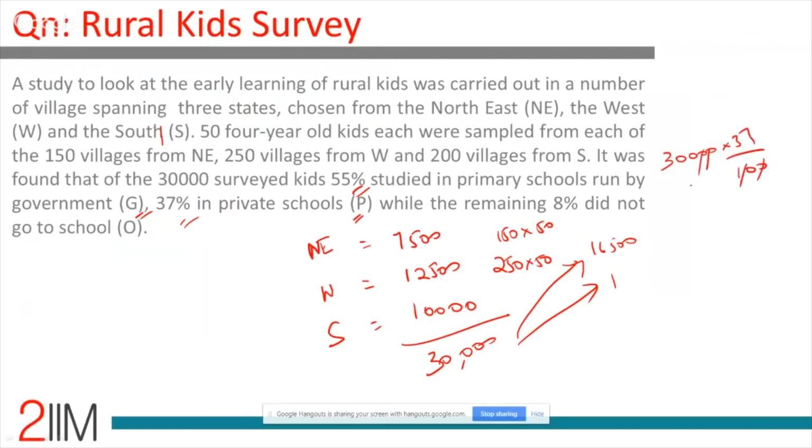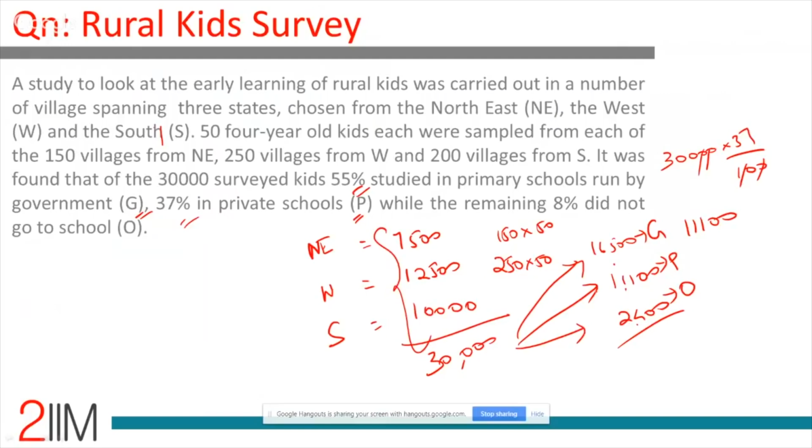I know that 37 into 3 is 111, so it is 11,100. Right? The remaining 8% of this is 2,400. This is GPO, government, private, other. How this gets distributed across this, we don't know.